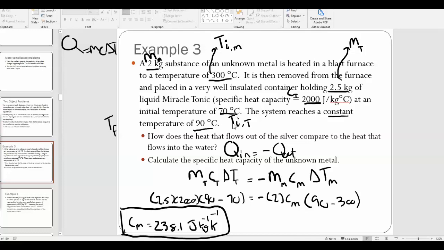All right, so fun fact, this type of problem is also called calorimetry. So let's do a few more examples with two-object problems.